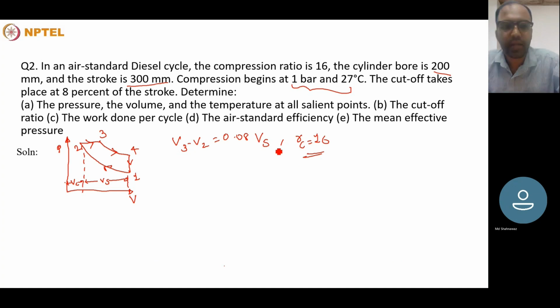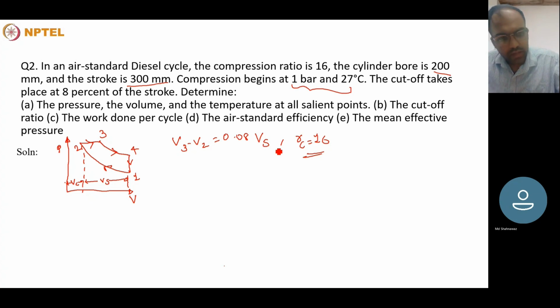We need to calculate the pressure, the volume, and the temperature at all important points. First of all, we need to calculate the swept volume. And from the swept volume, based on the compression ratio, we can calculate the clearance volume. And using the clearance volume and the cutoff ratio, we can calculate the cutoff volume.